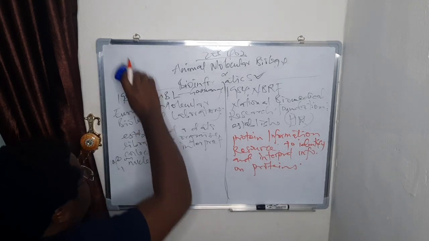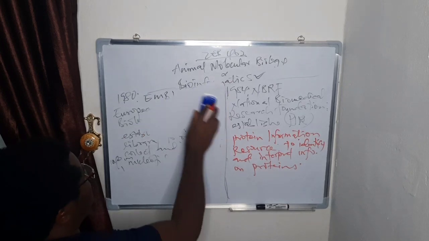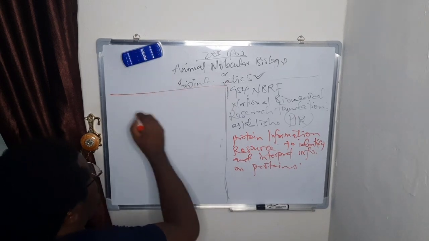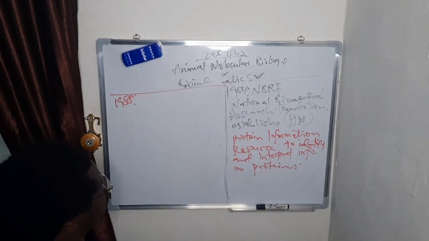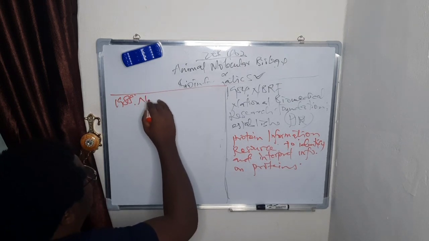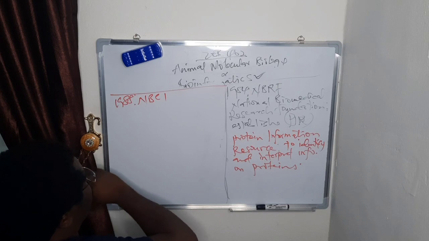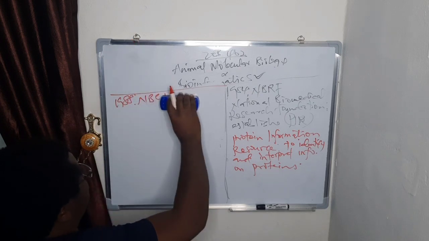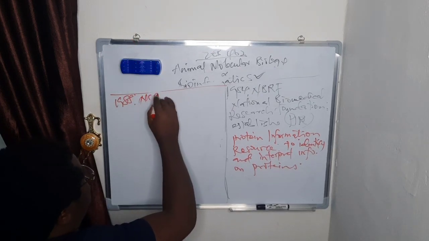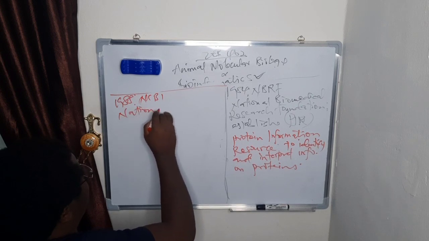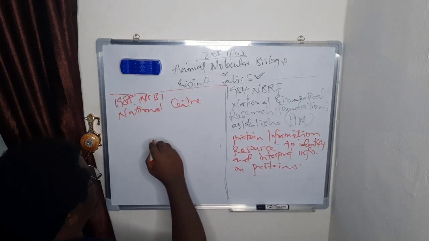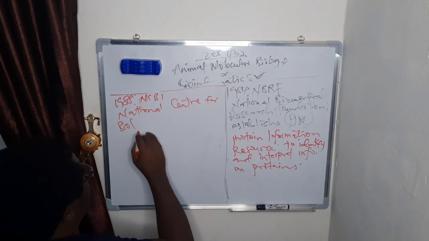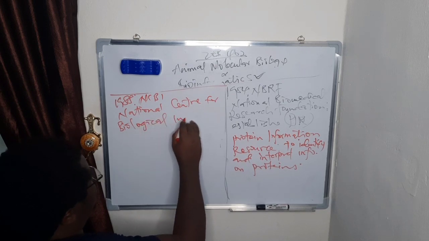Then by 1988, we have the NCBI, the National Center for Biological Information.